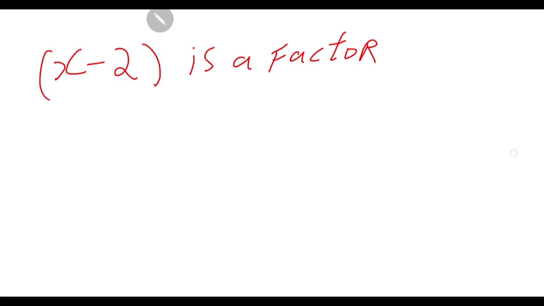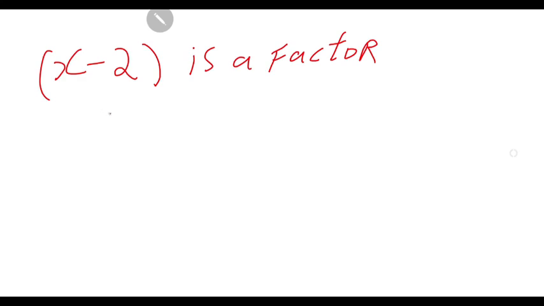To find the long bracket, I'm going to use synthetic division. You can use long division also, or you can use inspection, or you can use the calculator as well, but I'm going to use synthetic division. So I need to list all of the coefficients of the cubic equation.